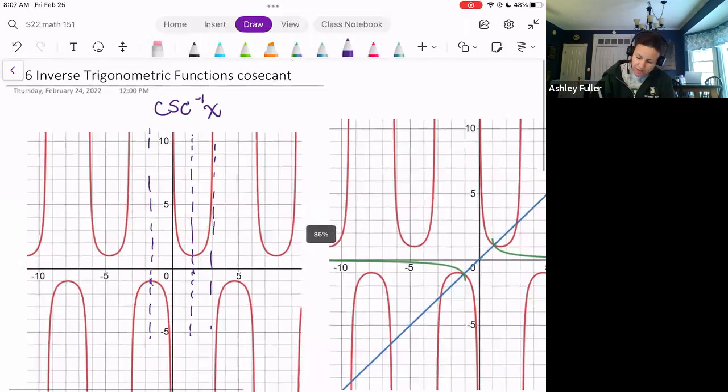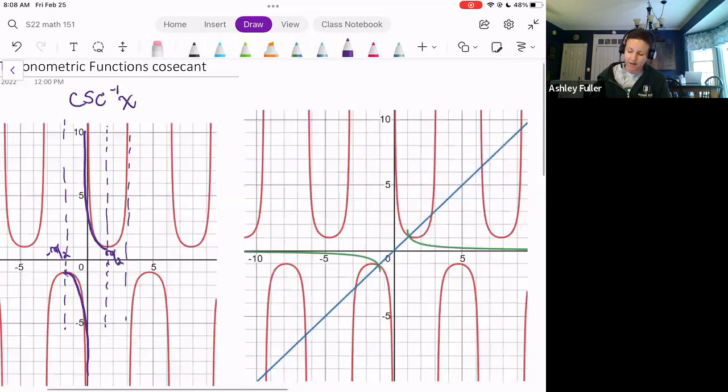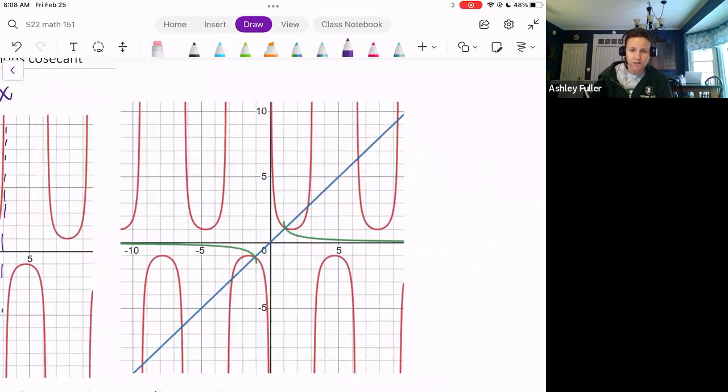So if we restrict the domain to cover just this region from negative pi over 2 to pi over 2, so that it becomes a one-to-one function in that area, we can reflect it across the line y equals x again. And again, we're just reflecting this segment and this segment.